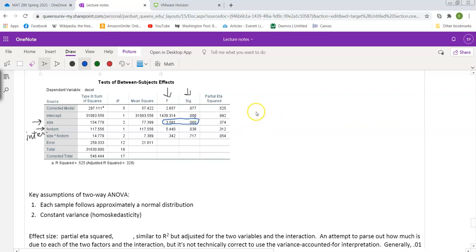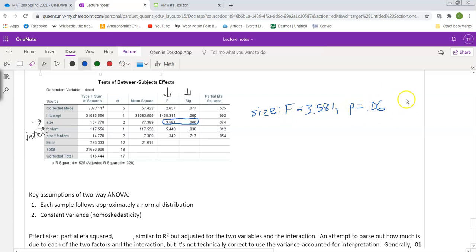For size, it has an F value of 3.581 and a P value of 0.06. This tells us that there is not a significant effect of size.